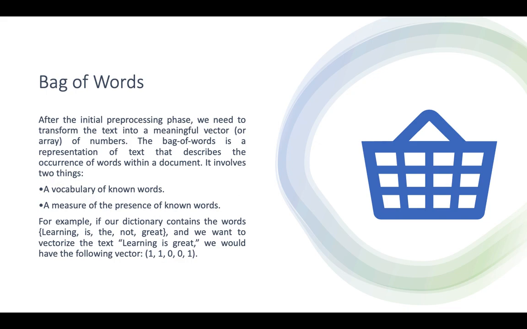For example, if our dictionary contains the words learning, is, the, not, great, and we want to vectorize the text learning is great, then we would have the following vector: 1 1 0 0 1. That is, 1 is set for learning, is, great and 0 for the and not.